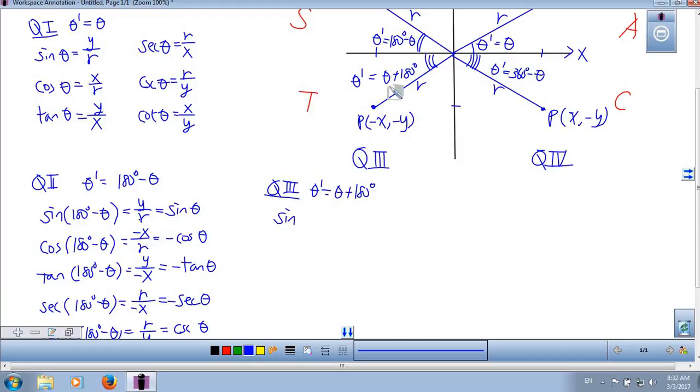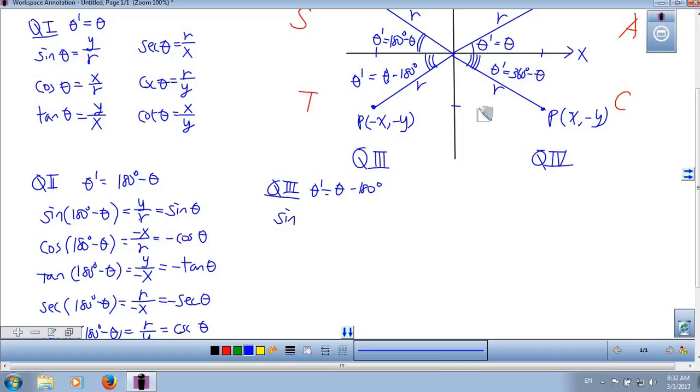Theta prime is theta minus 180. No, actually, that's right. This is theta minus 180 degrees. That's not a problem. So it's theta minus 180 degrees.